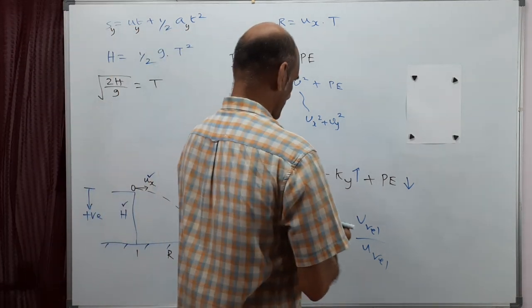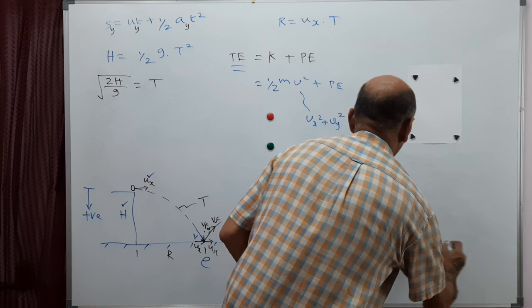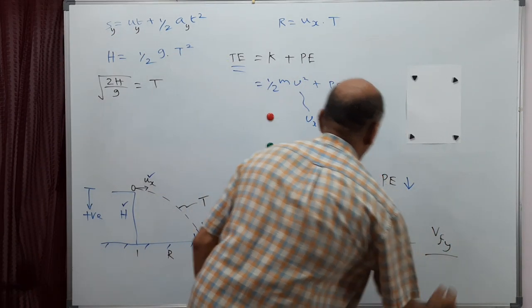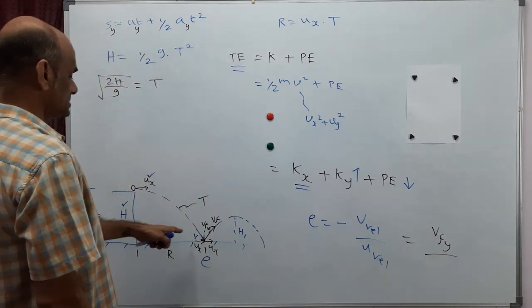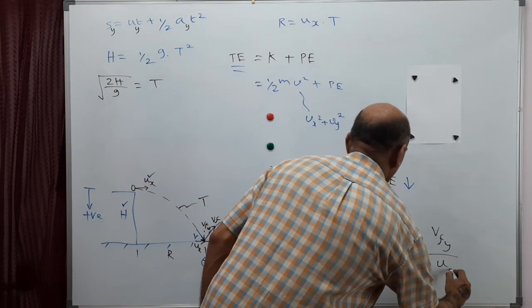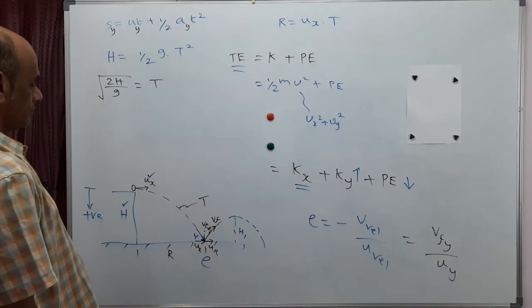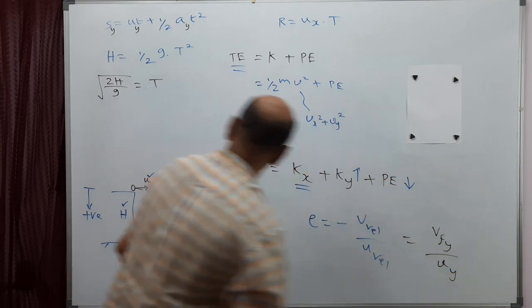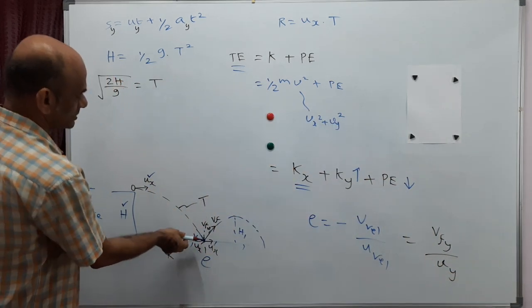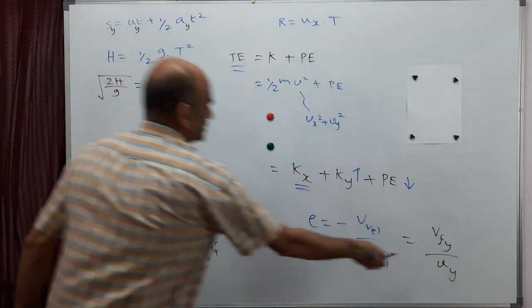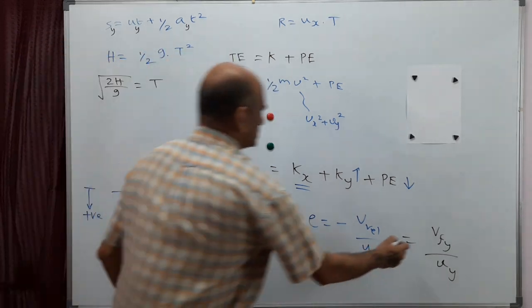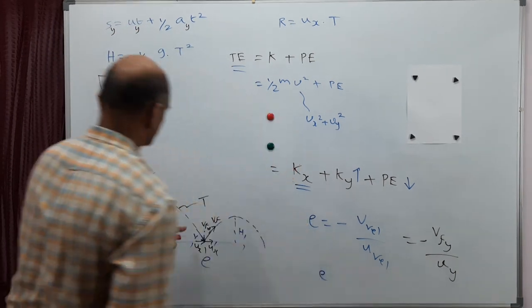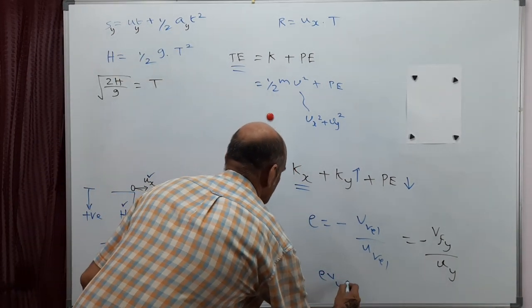So this is nothing but the final relative velocity Vfy by the initial relative velocity, Vy, before collision. This V is the velocity with which it hits the ground. The horizontal component is ux. The vertical component is Vy with the minus sign. So after collision, the Vfy will be e times the velocity with which it hits the ground in the vertical direction.